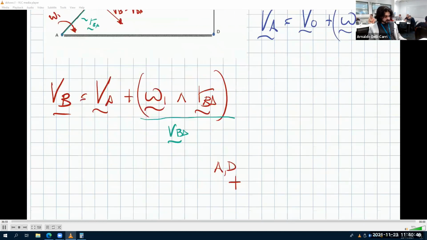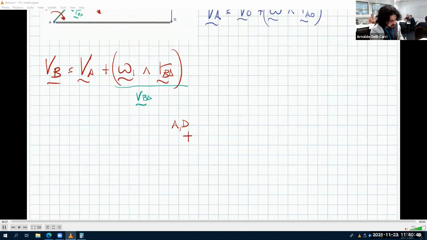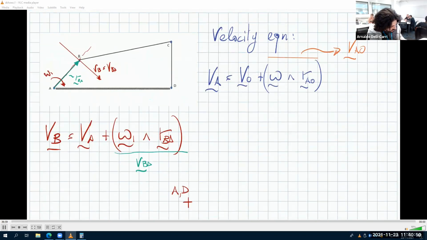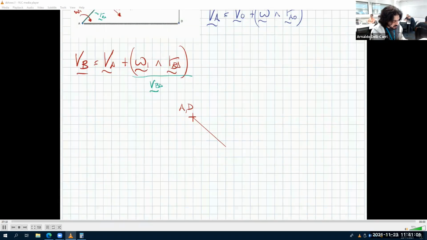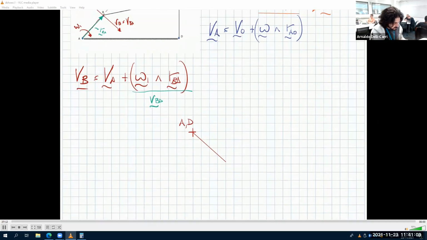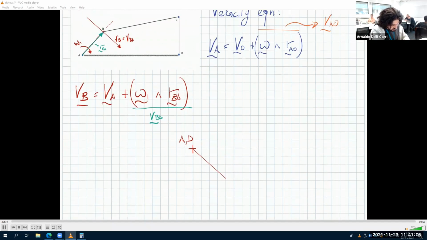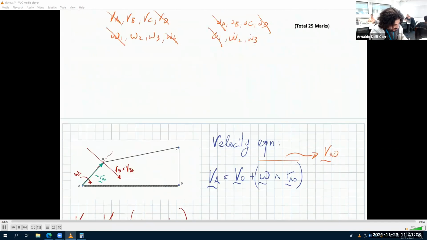And so I can just draw a vector. How long? Well, first of all, let's draw a vector that is perpendicular. I'll duplicate this and put it here. And how long? We'll have to check. So we know omega 1. Omega 1 is 50 RPM.